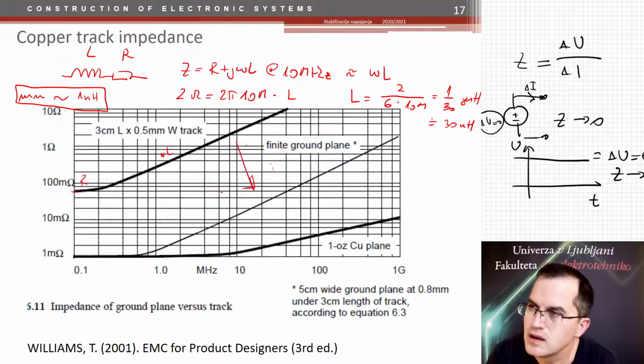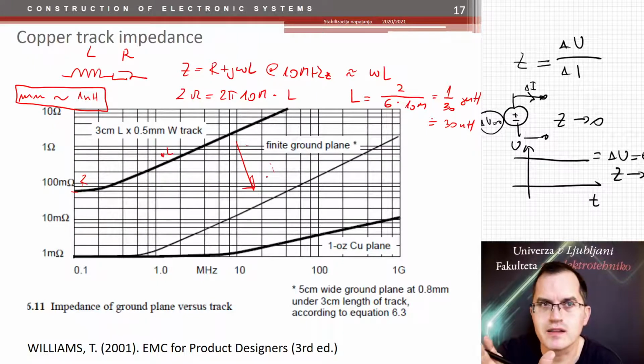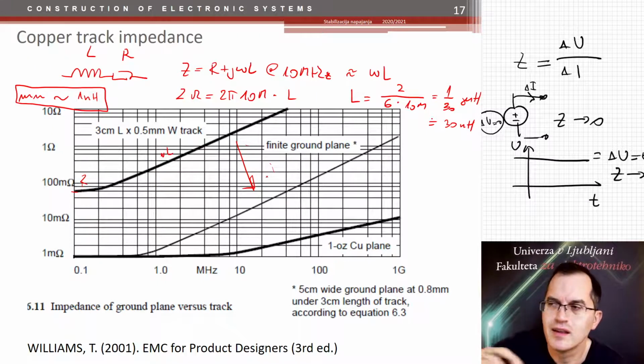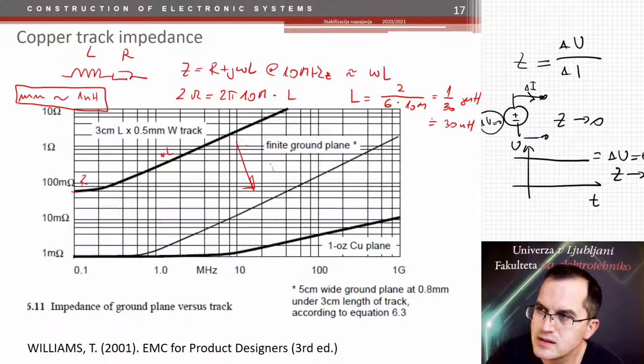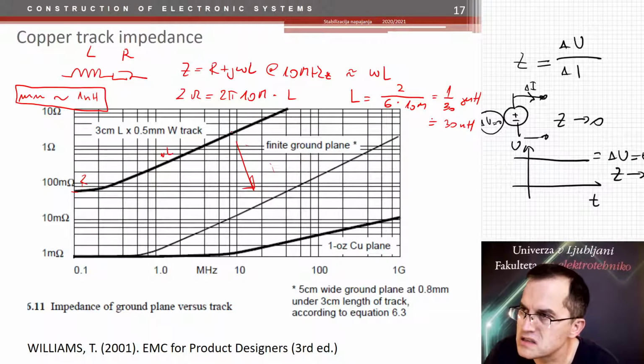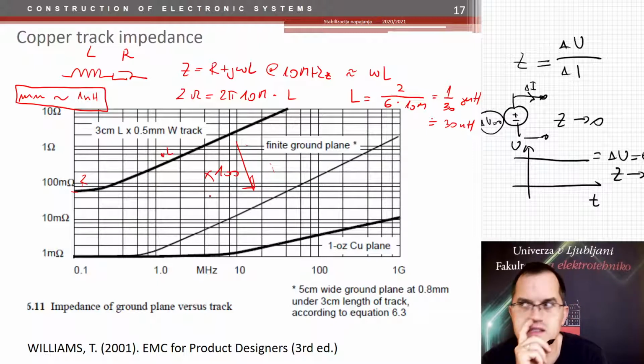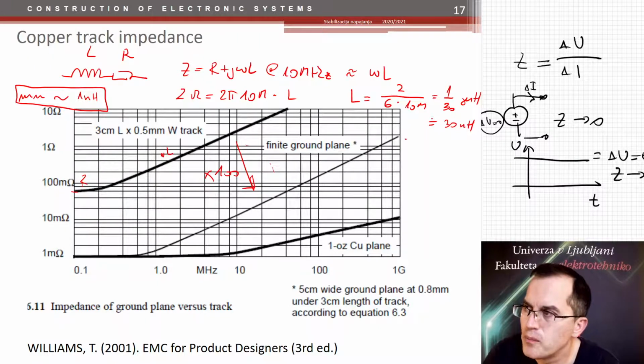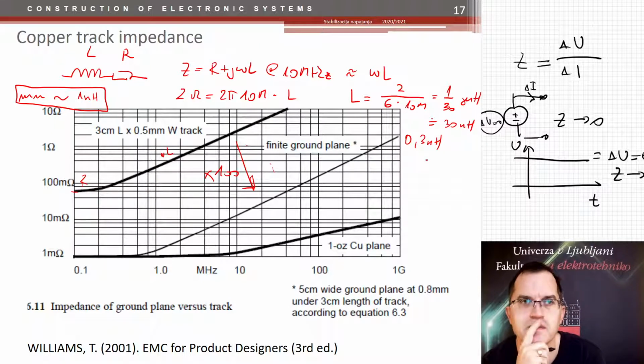So how much? If you take a 5 centimeter wide copper plane, then this finite copper plane would have, I think, in the range of 100 times less impedance. So I'm talking about maybe 0.3 nanohenries instead of 30.